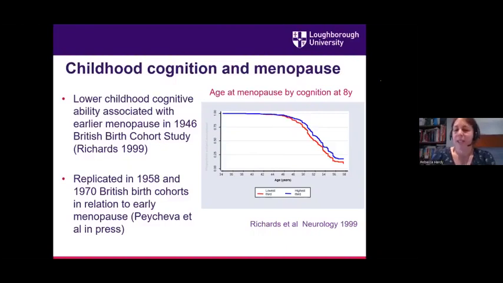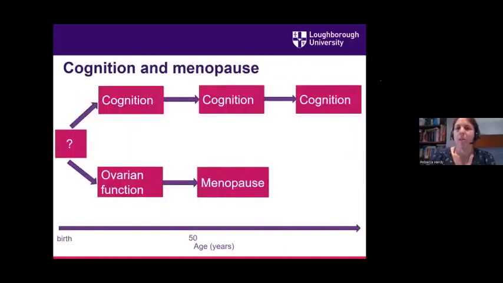Again, I'm not saying that cognition causes menopause. What's more likely to be going on is that there is some as yet unknown factor, which might be genetics, or hormone exposure in utero, which influences both development of the brain and cognitive function, and development of reproductive function.